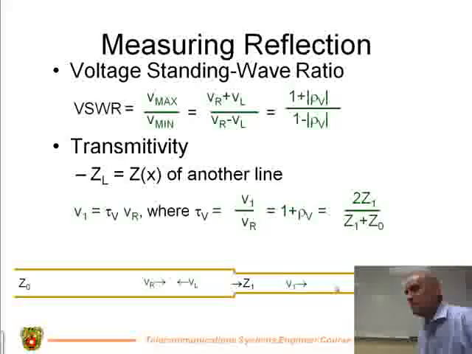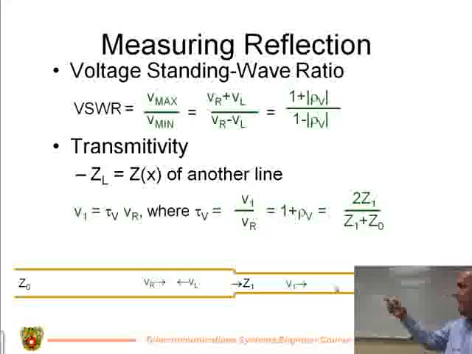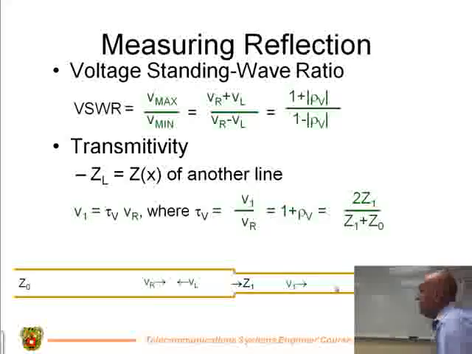Yeah, and actually that's what happens. We would get more voltage, but we would get less current by a lot, and we'd lose power. What happens is, well, let's go back for a second. If we look at that, tau V equals 1 plus rho V, right?